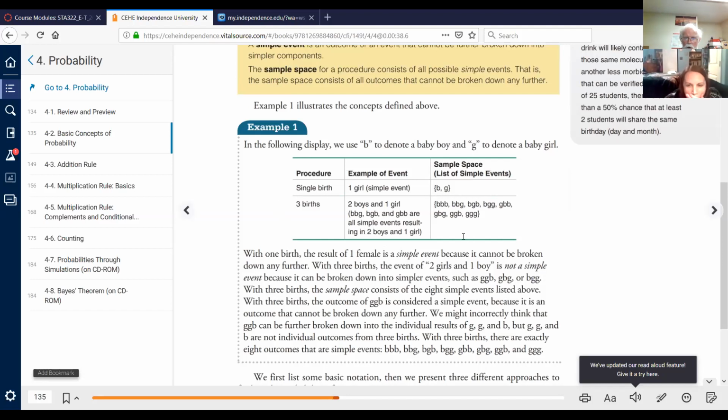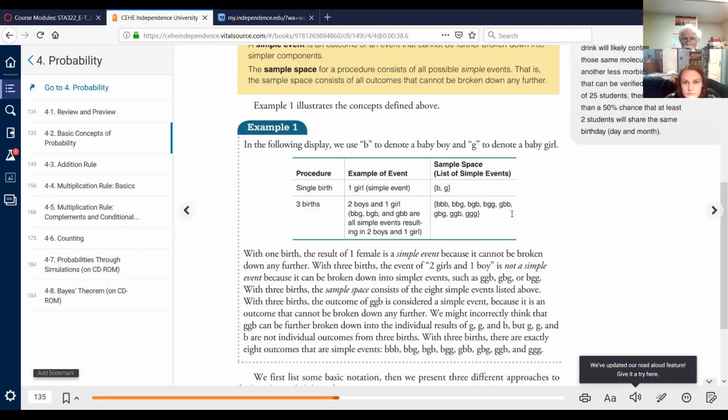And these are single events. Two boys and a girl can occur. And if you're looking at the births as sequential events, you can have three boys, two boys and a girl, two girls and a boy, or three girls.